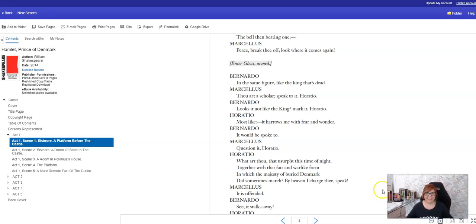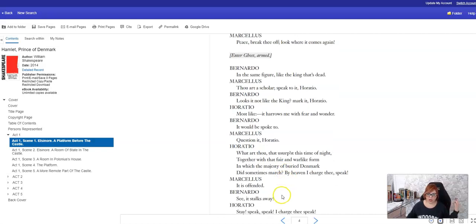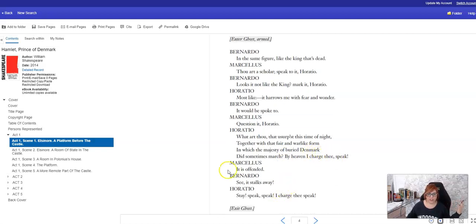That was pretty good. Alright, so we learn here that the ghost, when it says, "in which the majesty of buried Denmark did sometimes march," the ghost is wearing, like, his battle armor. He's in full battle armor. And then, when it says, "By heaven I charge thee, speak," Marcellus said, "It is offended."